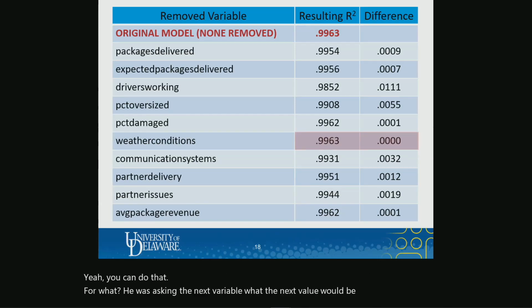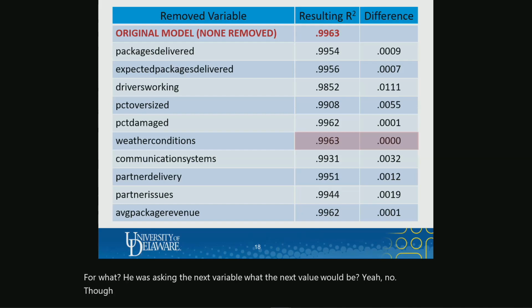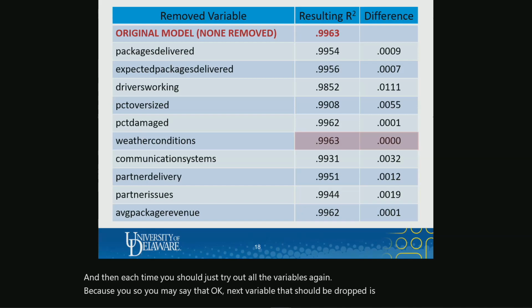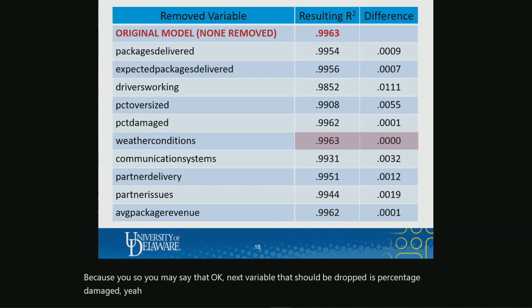No. When you drop this variable, the model changes. And then each time you should just try out all the variables again. Because you may say that, okay, the next variable that should be dropped is percentage damaged. But it is not like that.